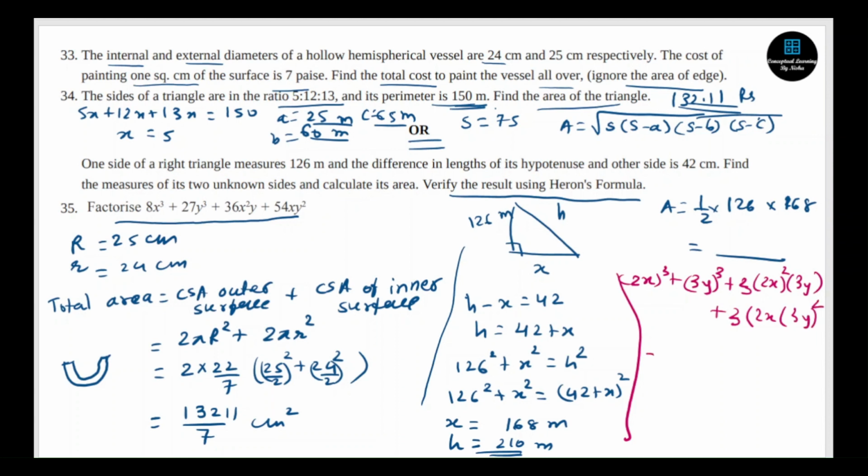So this is nothing but the identity of a plus b whole cube, right? So you can write this as 2x plus 3y whole cube. So these are the factors. Alright, you just write which identity you have applied here. Alright, mention this.